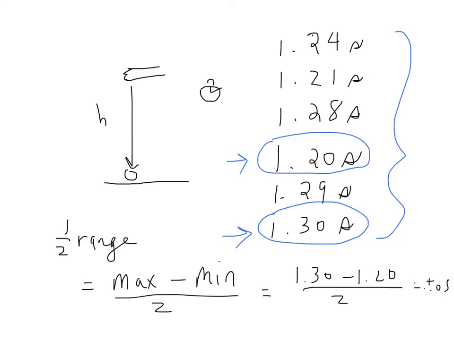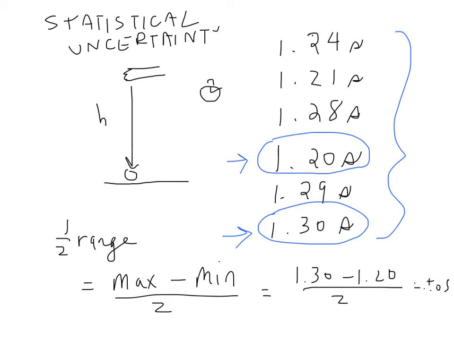So this is different from the previous type of uncertainty we examined. Device uncertainty arises as a result of a device being not perfectly precise. This, though, we sometimes call statistical uncertainty. It's the uncertainty due to fluctuation in a measurement, right?